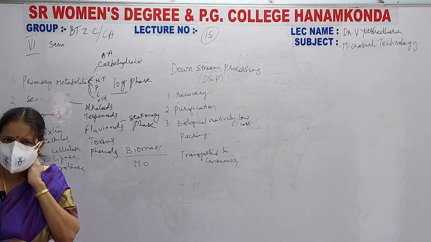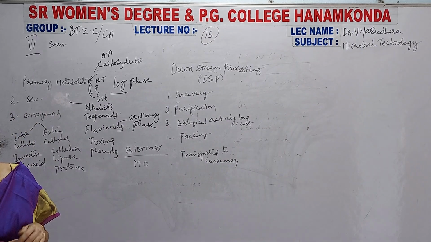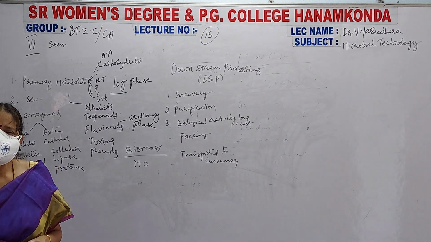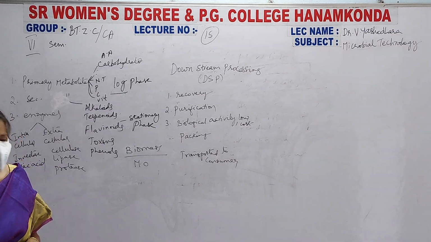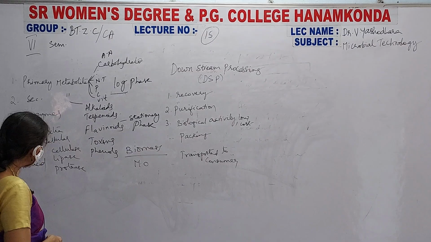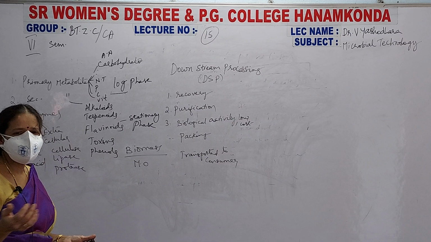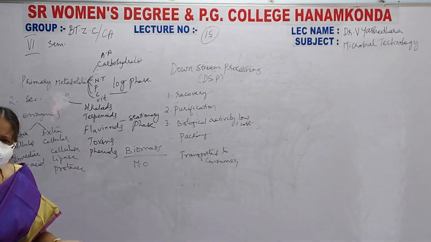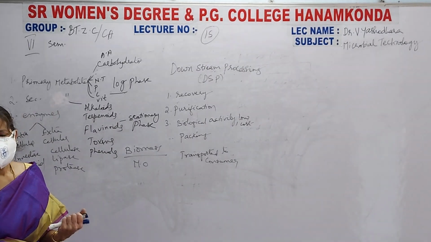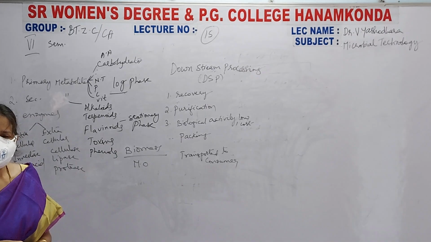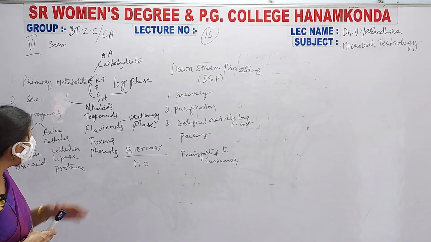And these microorganisms, after completion of your fermentation, are called biomass. Okay, now you will be recovering the product, any of these products, based on your requirement. You will be collecting the fermentation medium along with biomass at a particular time.